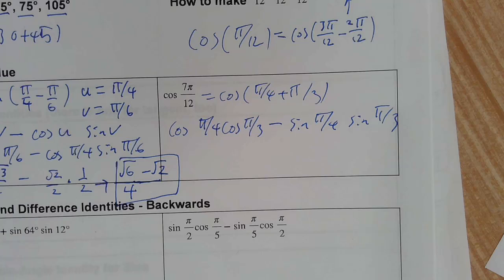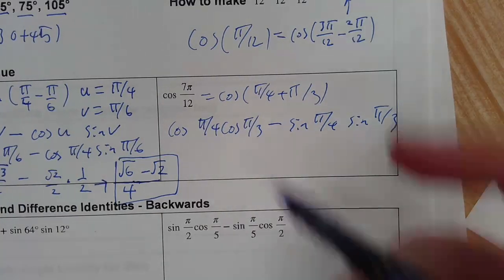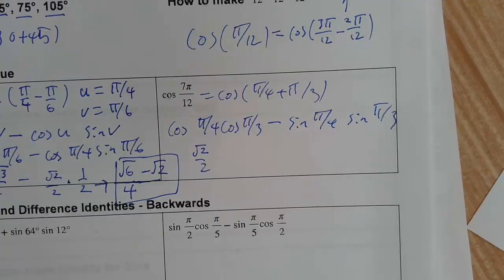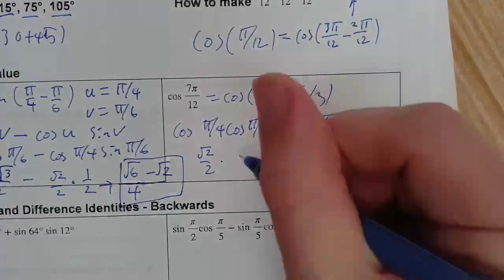Okay, so let's evaluate that. Cosine pi over 4 is, anybody? Maybe you don't know it right now, but we need to get to the point where it's immediate. Cosine pi over 4 is root 2 over 2. Cosine pi over 3 is 1/2.